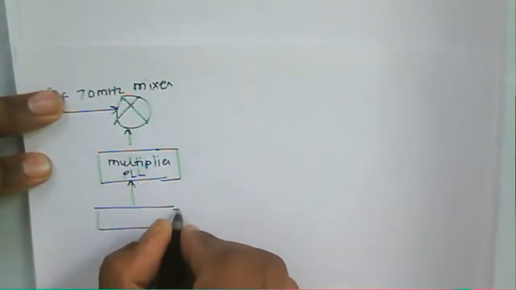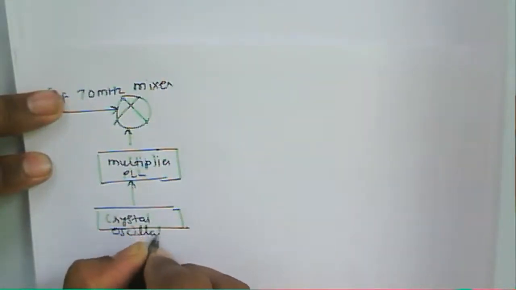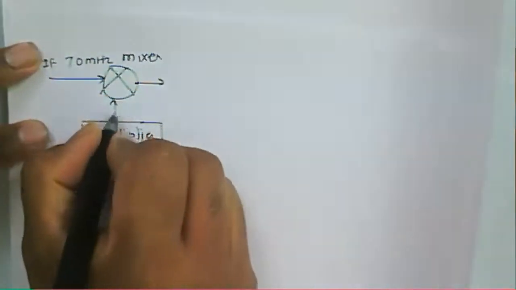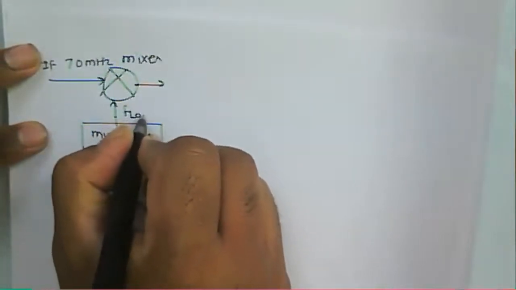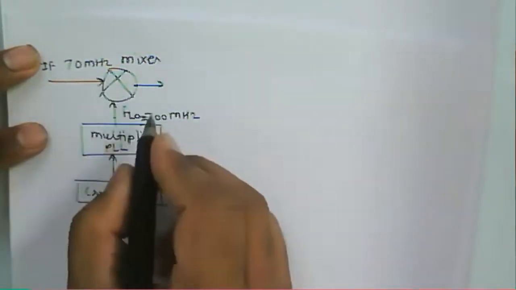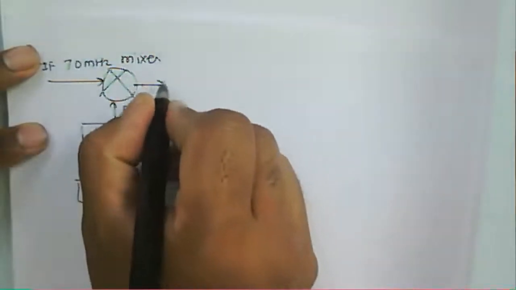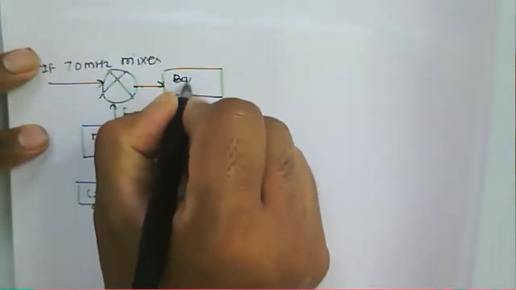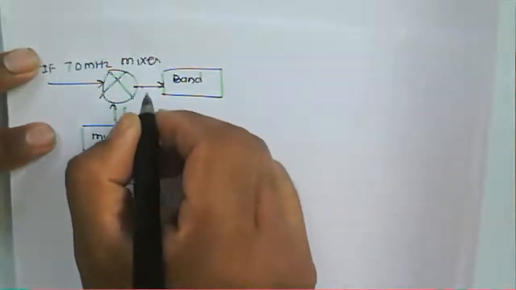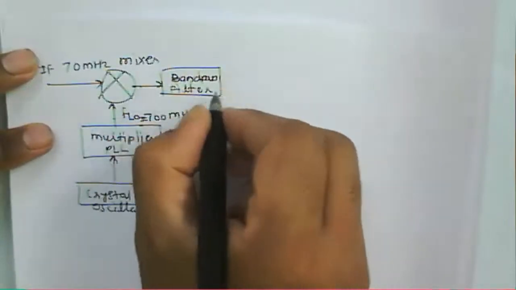We can say crystal oscillator, and that input we are providing. So here we have the local oscillator output of 700 megahertz now. So 700 plus 70 or 700 minus 70. Because generally we consider that a mixer output is a sum and difference component. So here we use the difference component.